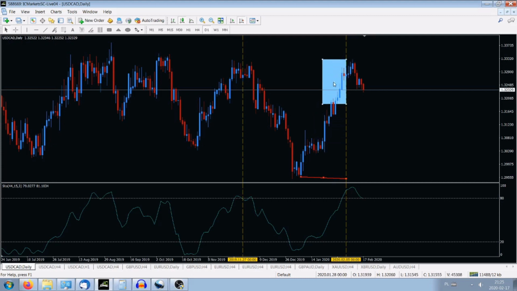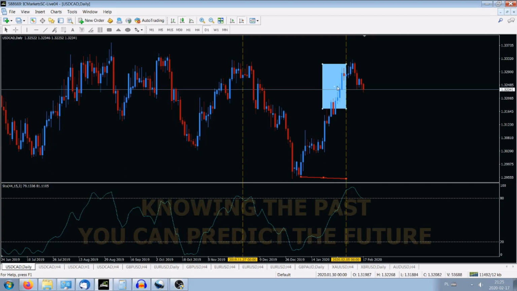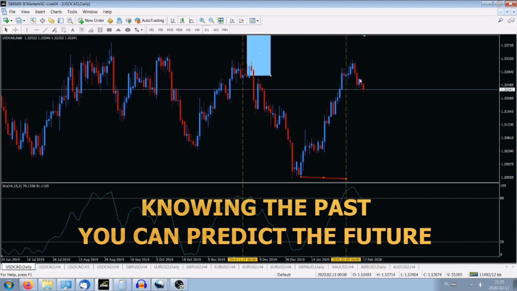And the third leg is from the second to the third leg. So I already know how high the price should go and when it's going to happen. That's it. It's just missing 1 to 3 trading days, and as for the value, missing by 50 pips. It's not that bad.